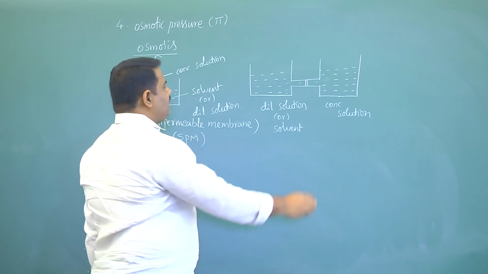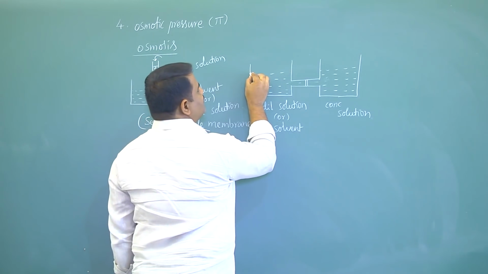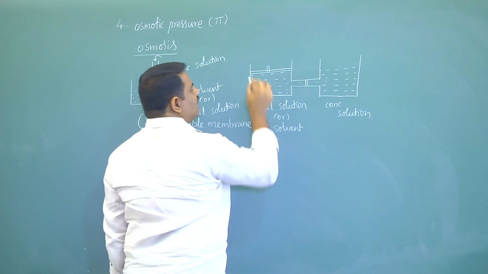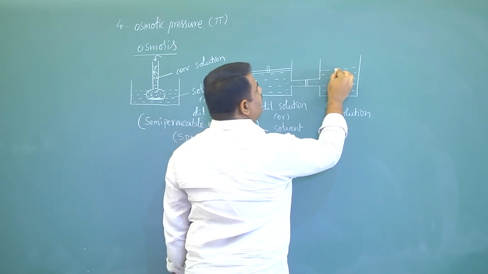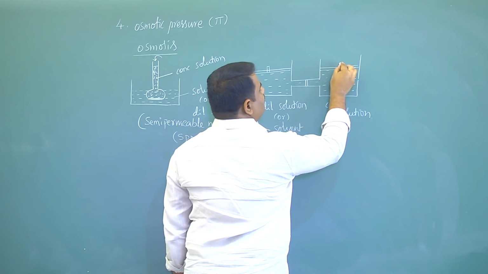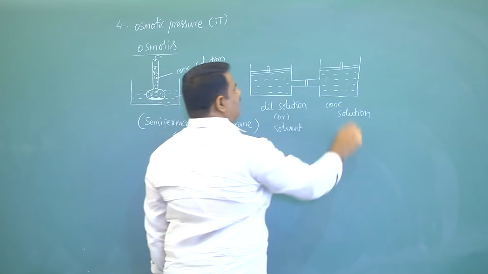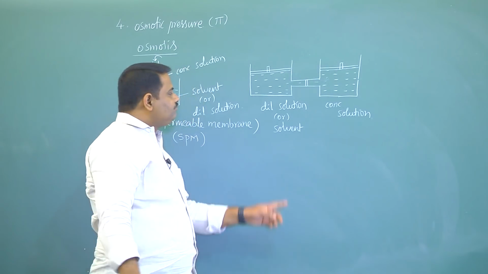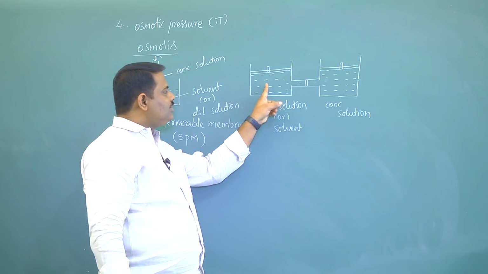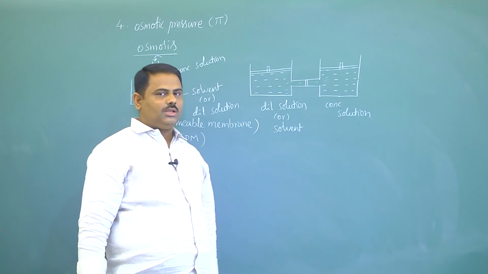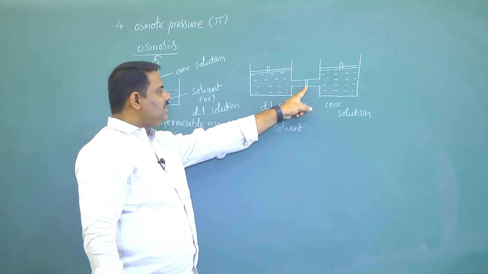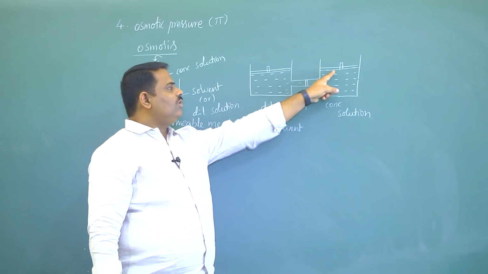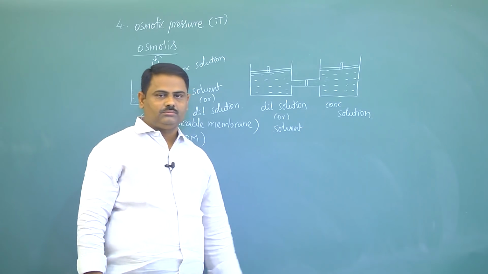Now at the top of the dilute solution and concentrated solution we have movable pistons. Here this is dilute solution, concentrated solution, both are separated by semi-permeable membrane, and these two are movable pistons.